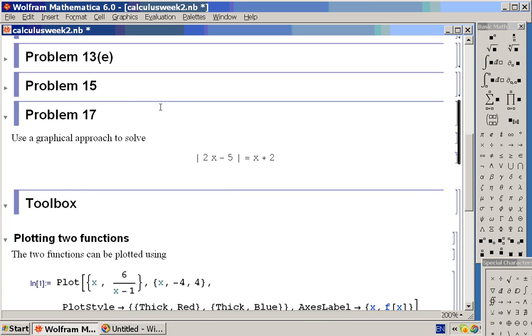Okay, well, the last problem to be solved is this one: use a graphical approach to solve this equation here. So since that's what they want us to do, we can plot both those functions using the tool that we developed.